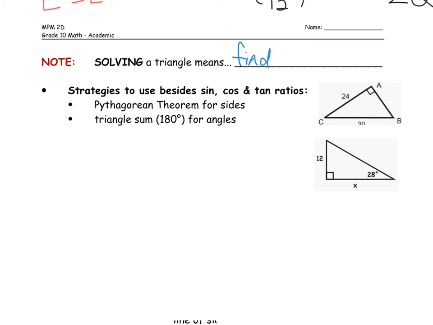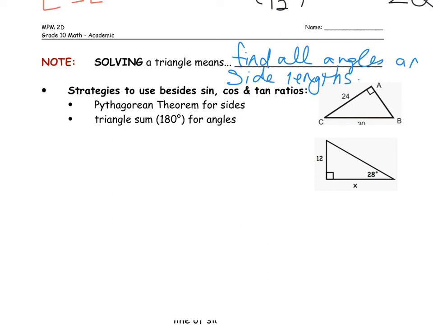So find or calculate all angles and side lengths. That is what is meant there.